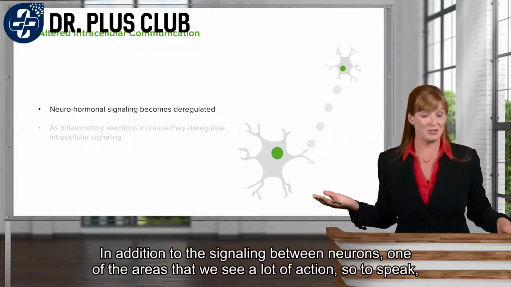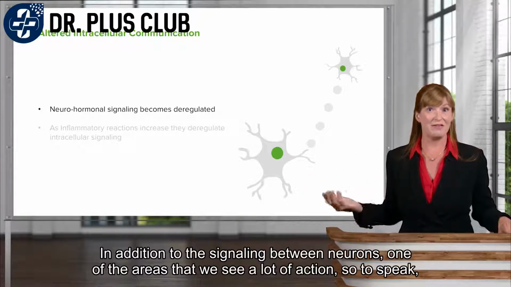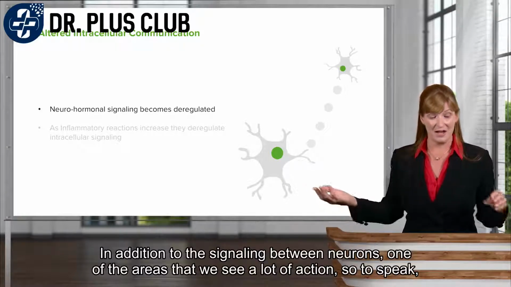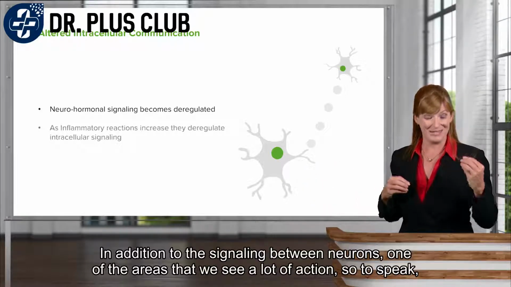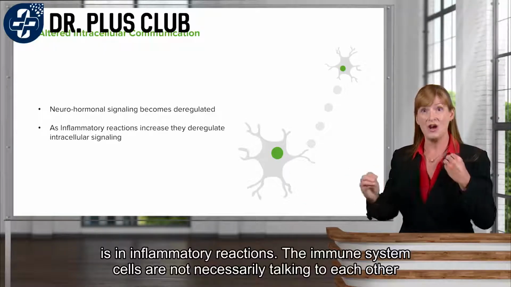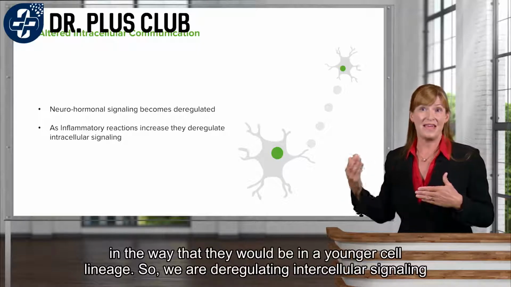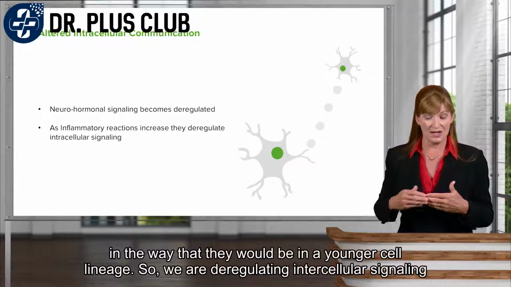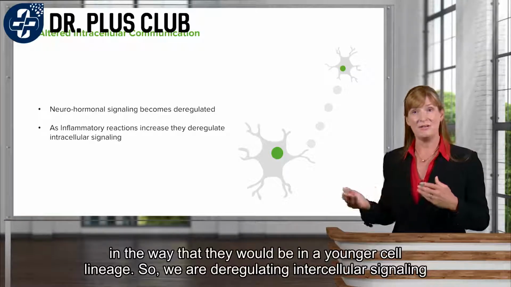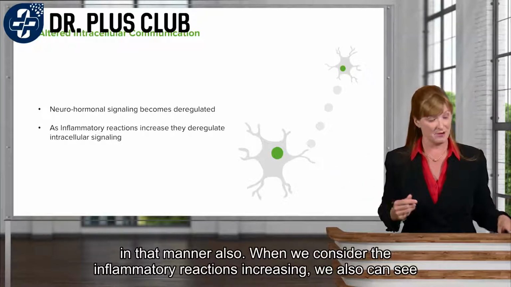In addition to the signaling between neurons, one of the areas where we see a lot of action, so to speak, is in inflammatory reactions. The immune system cells are not necessarily talking to each other in the way that they would be in a younger cell lineage. So we are deregulating intercellular signaling in that manner also.